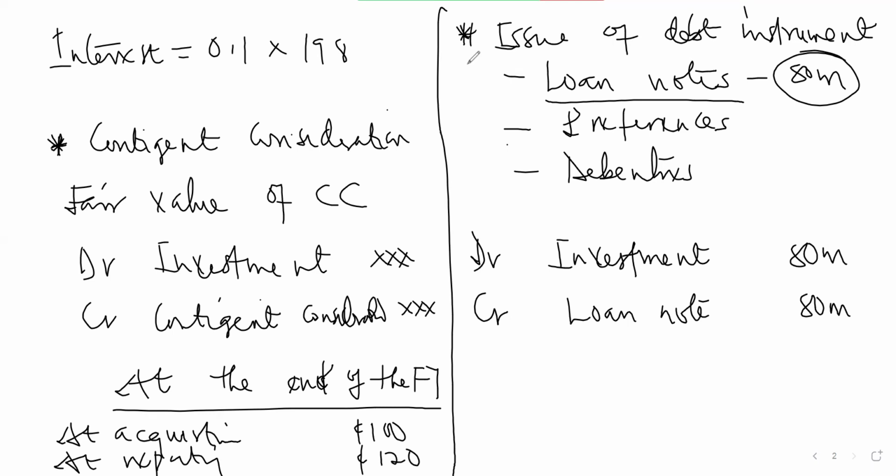Okay, so if there's an issuing cost with the loan note, then you have to take the issuing cost from the amount in case you are giving effective interest rates. But if you're not giving effective interest rates, then the transaction cost will be capitalized as a separate item. Then a loan note will also be shown as a separate item.